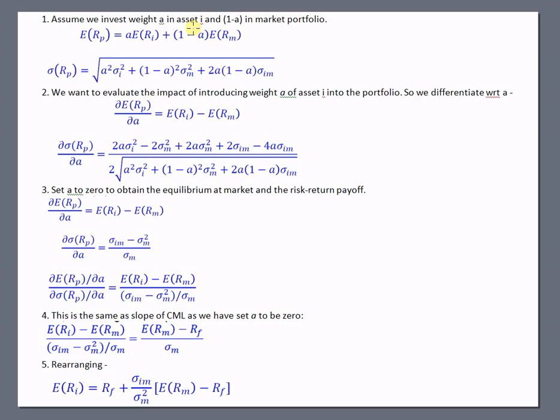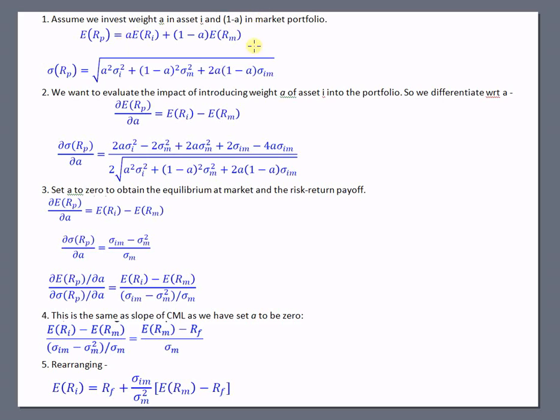The expected return of this new portfolio will be the weighted returns of the asset and the market portfolio. So it's basically A times the expected return of the asset plus 1 minus A times the expected return of the market portfolio. And what is the risk of this new portfolio?